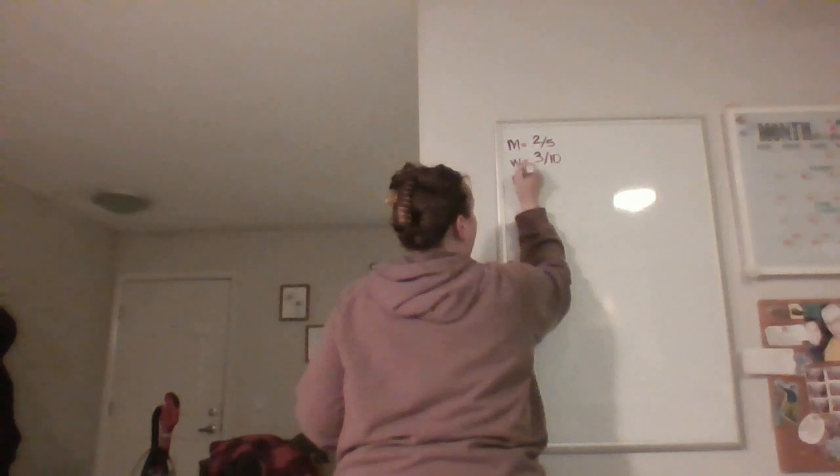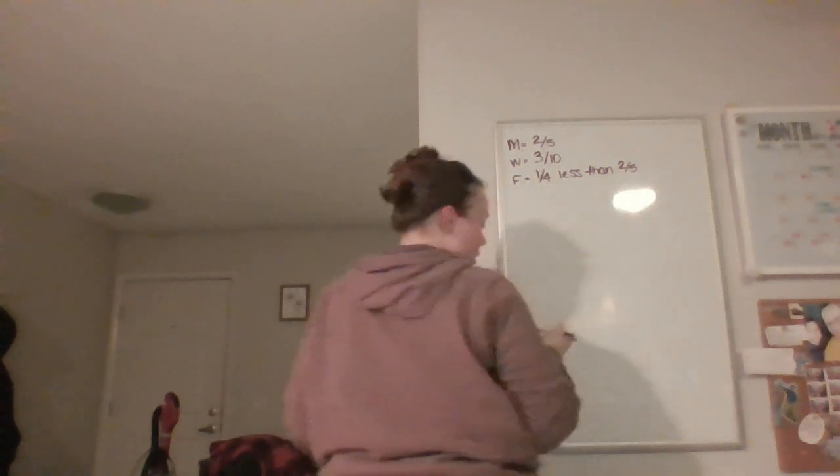So what we'll do here is we'll have Monday was 2/5, Wednesday was 3/10, and Friday is 1/4 less than Monday, which was 2/5 of a mile.